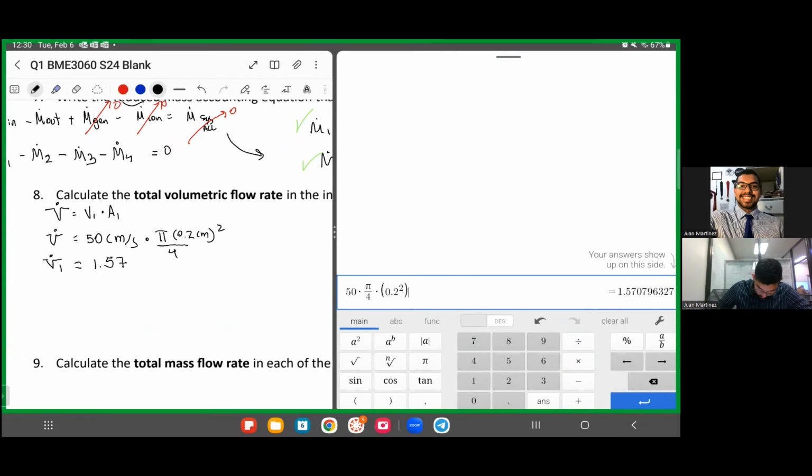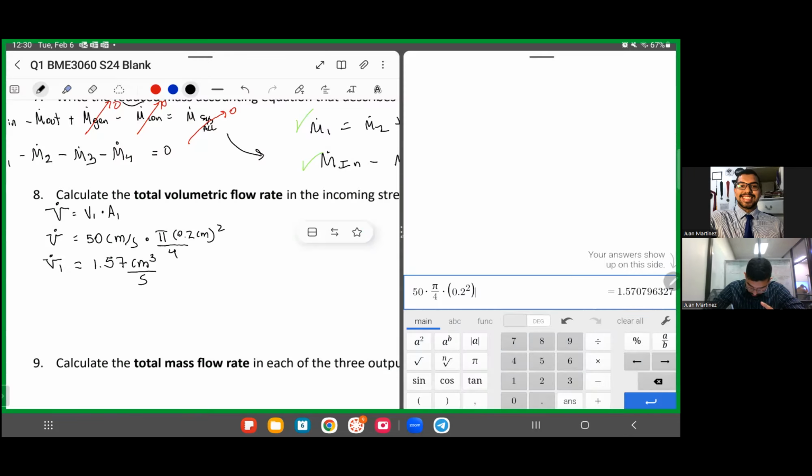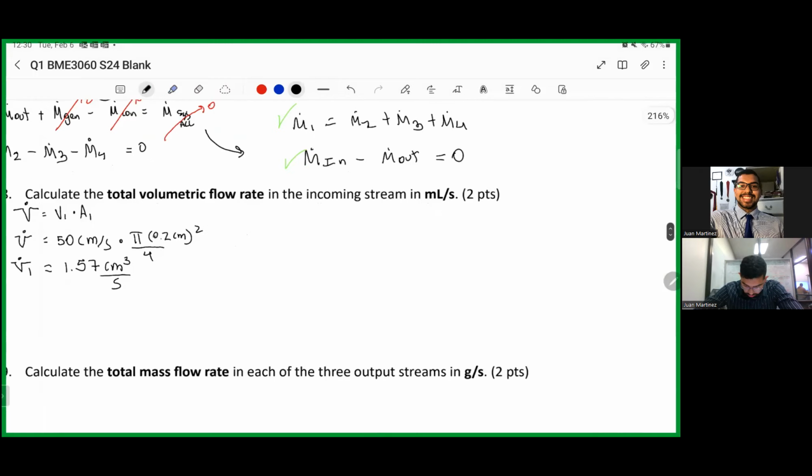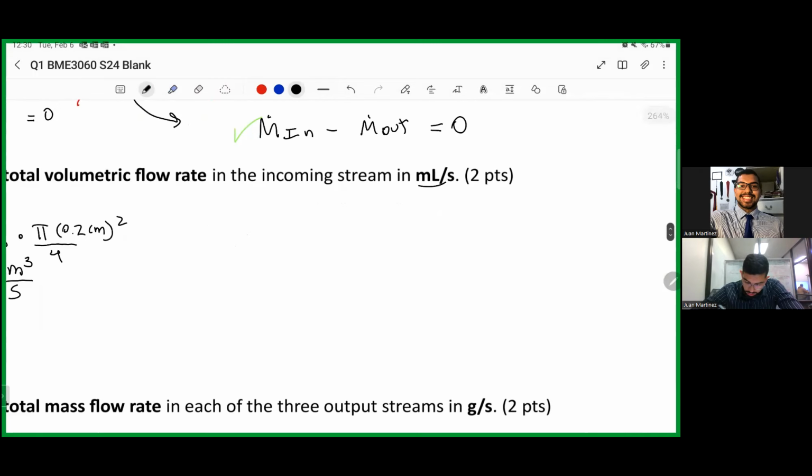And what are the units? So we have centimeters squared here, and then we have 1 centimeter, so centimeters cubed divided by seconds. Okay, but I think that's not the final answer. Let me check. In terms of numerical answer, that's the final answer, but we are talking about millimeters over seconds.